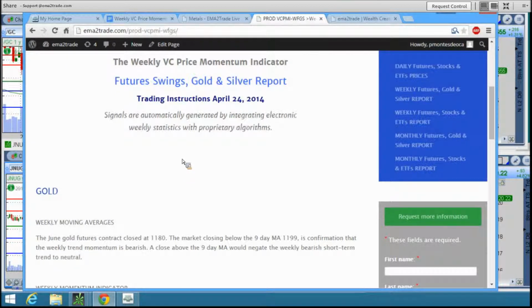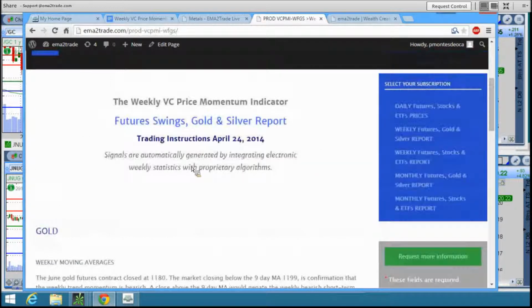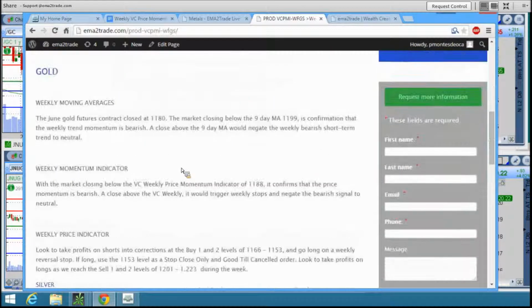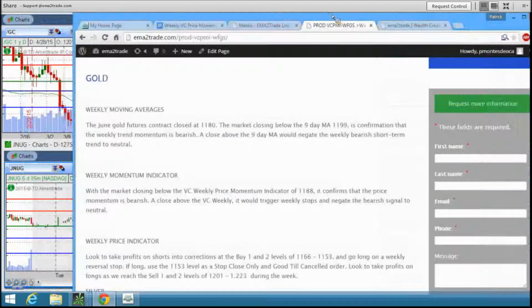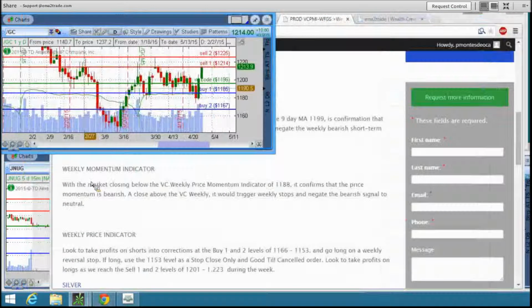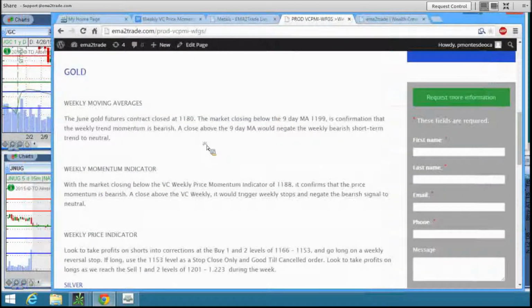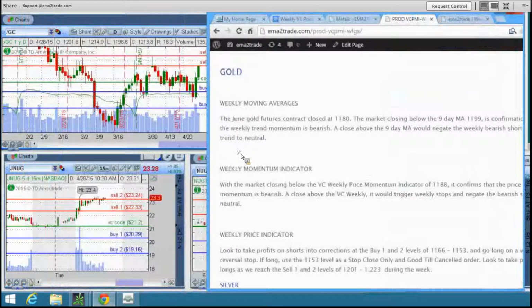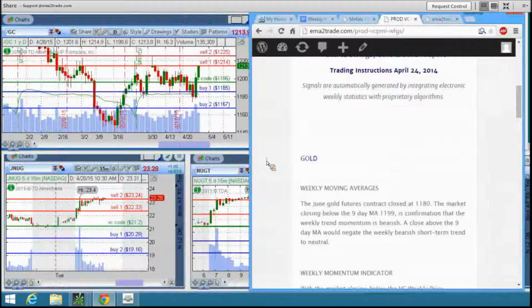If we take a look at the report that was published on April 24th, the gold June futures contract closed at 1180, with the market closing below the 9-day moving average of 1189 as confirmation that the weekly trend momentum is bearish. So coming into this week, based on the moving averages, we had a bearish indication.